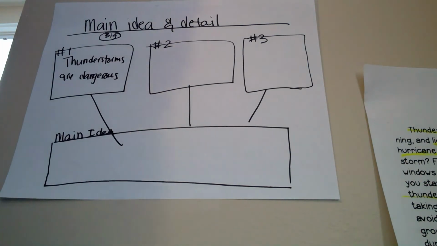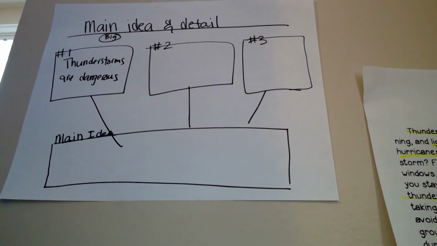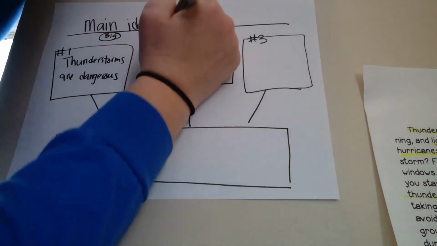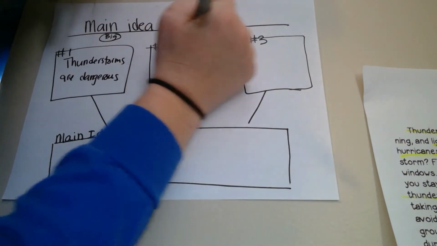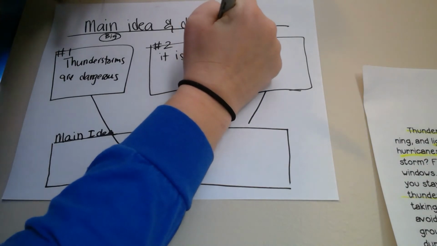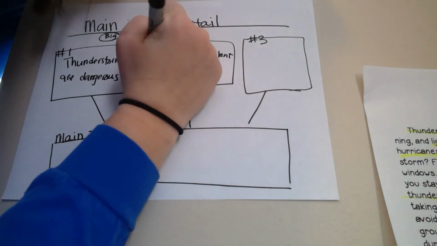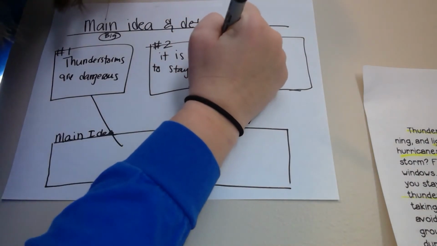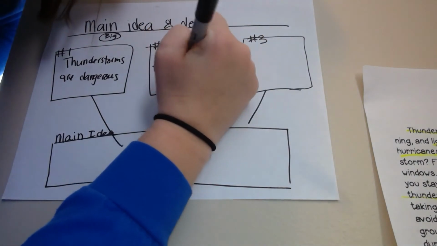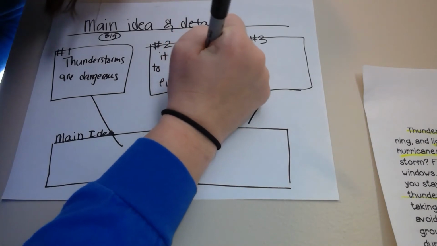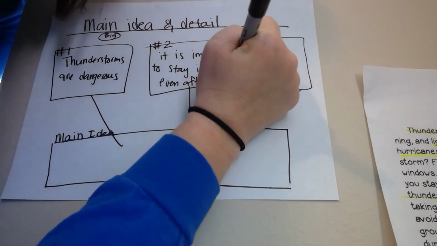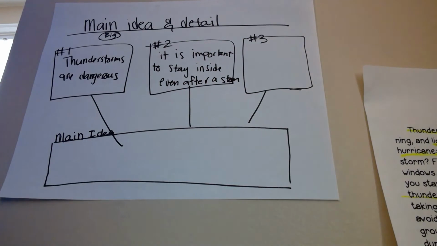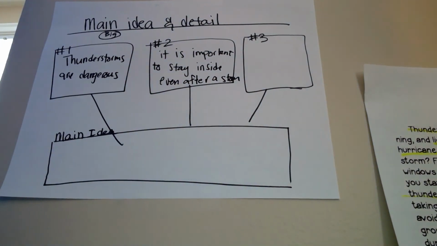Another thing that I noticed, it told me ways to stay safe, like staying inside. Even after a storm, they said for 30 minutes that I should stay inside in order to stay safe.